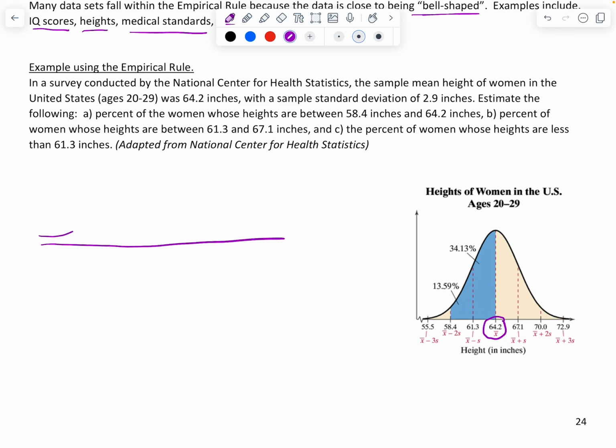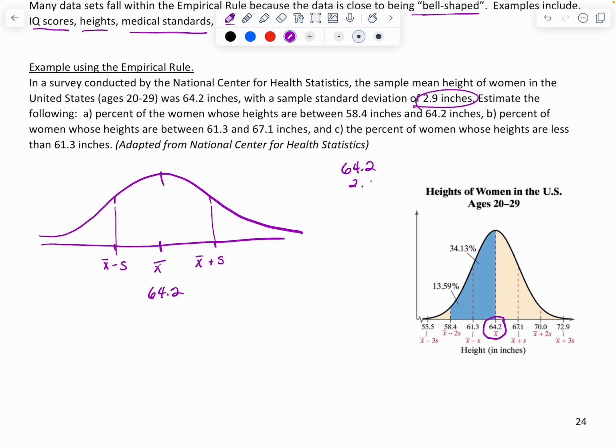If I didn't have this chart, this is what I would do. Here's my bell-shaped curve. Here's the center. The center is my average. My average is 64.2. One standard deviation is around this spot and this spot. So I'm going to take x bar plus my standard deviation, and this will be my x bar minus my standard deviation. My standard deviation is 2.9 inches.